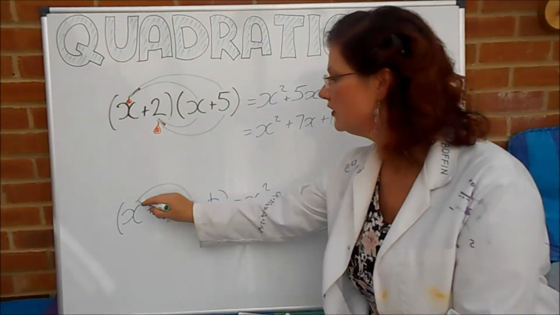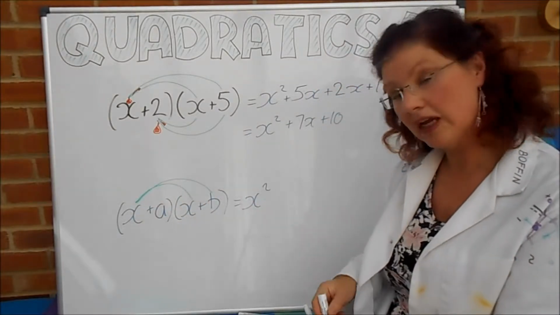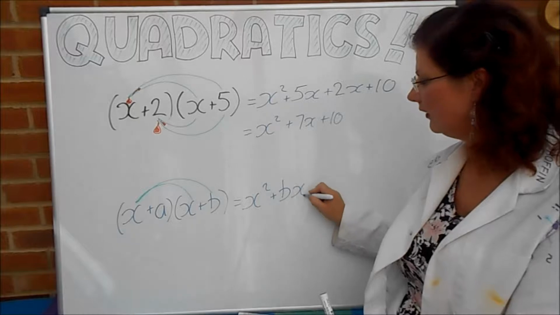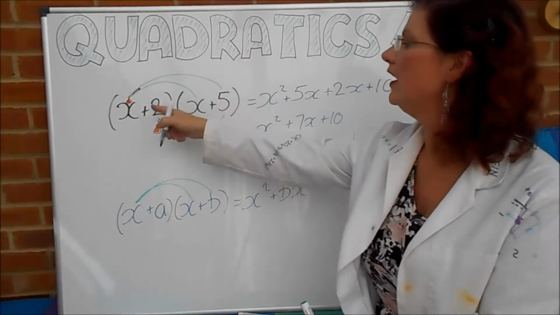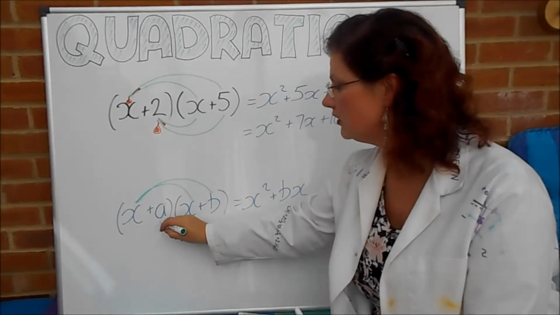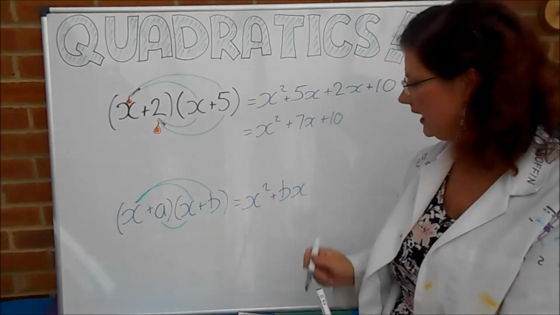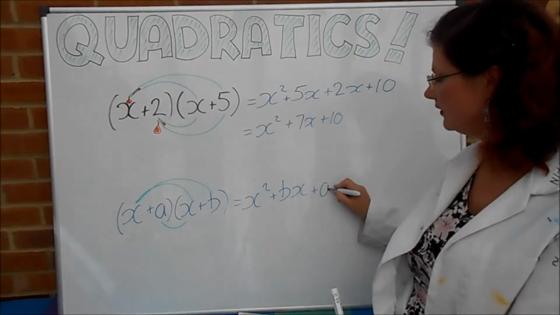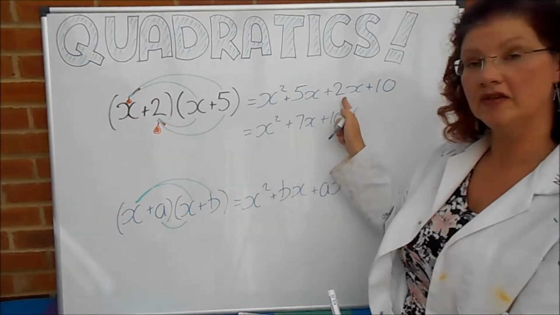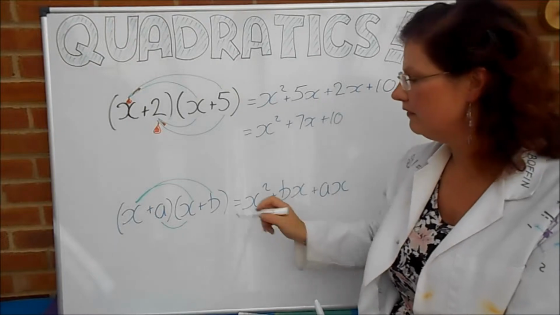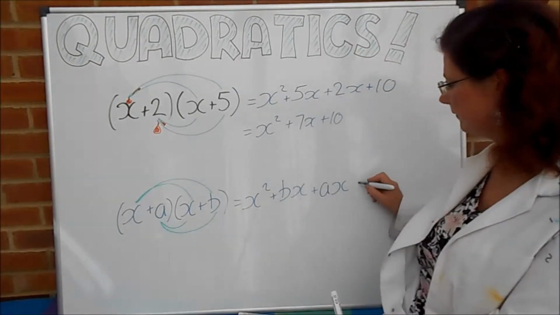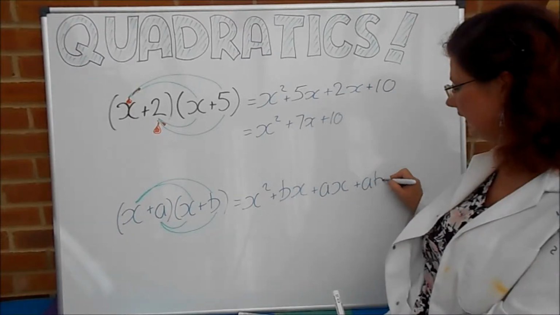And then the outside two, the x times the b, we get bx. Here it was 5x, there it is. And then for the inside two, the a times the x, we get plus ax, and there's my ax term. And then finally the last two, the a times the b, plus ab.